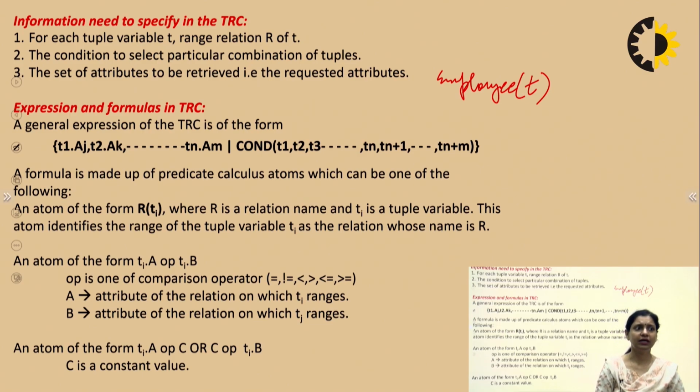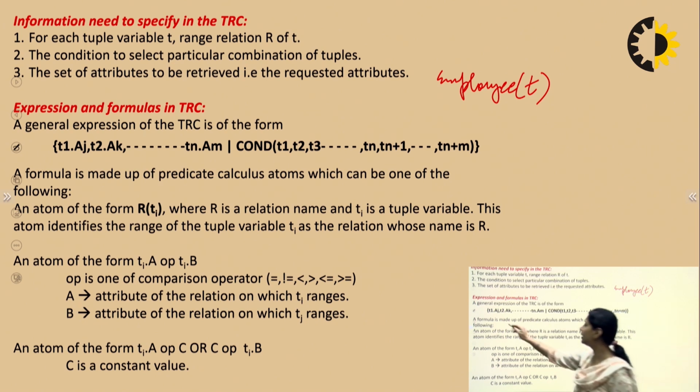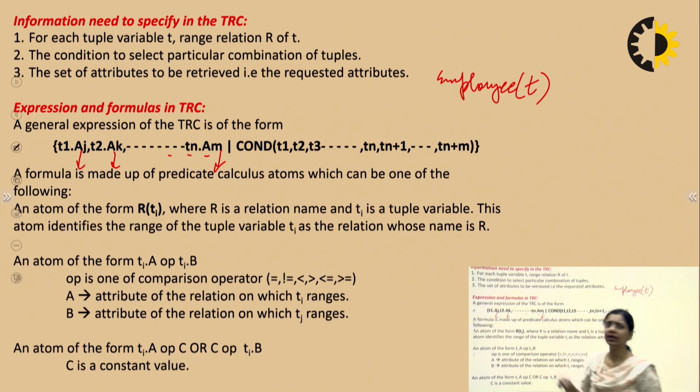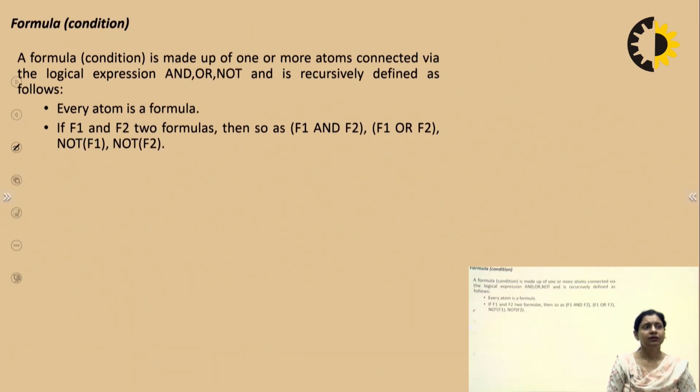So if we are talking about the expression for the tuple relational calculus, as we have just seen, we have t1.A1, that is attribute 1, attribute 2, attribute 3 till attribute m. Then we have multiple conditions along with the relation. When we talk about the formula or a condition, it is made up of one or more atoms that are connected with the logical operators and, or, not, and it is recursively defined as follows.